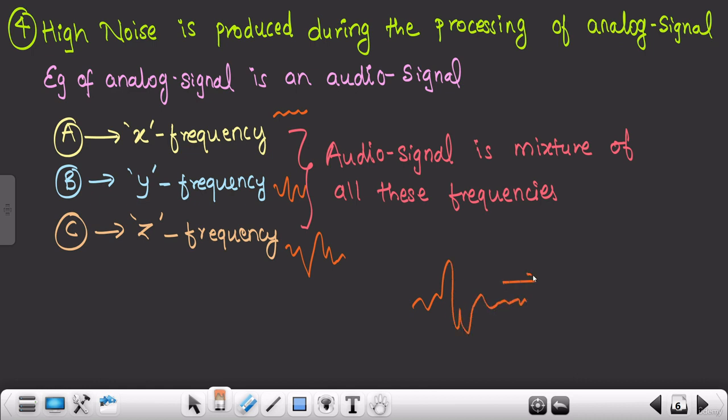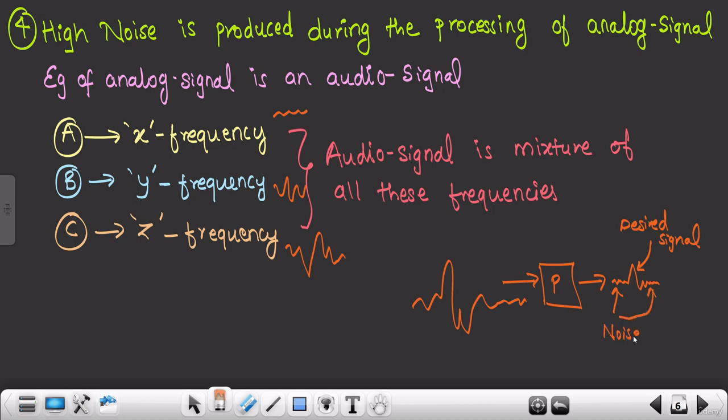And when we are feeding this particular signal, which obviously has frequency, to a processing unit, what exactly does it do? It processes the signal, but still it has some noise. Let's suppose we want this desired signal, but still along with that signal, this thing you can see over here is noise.